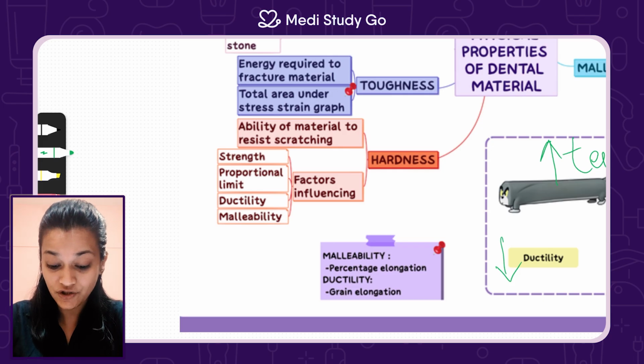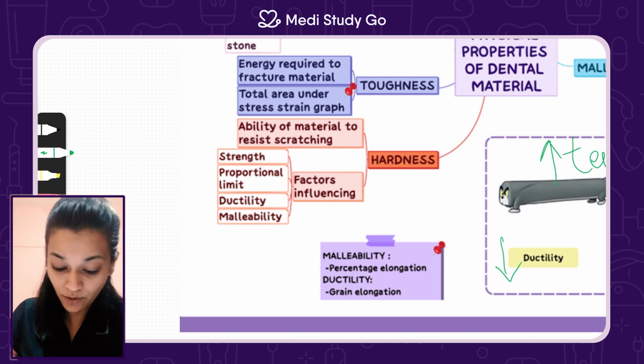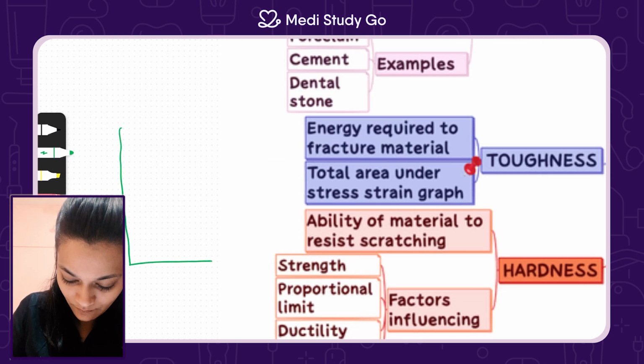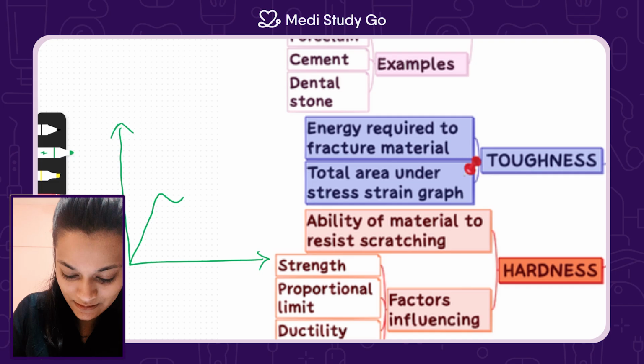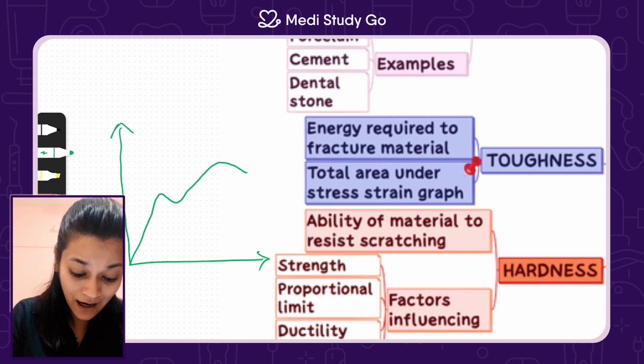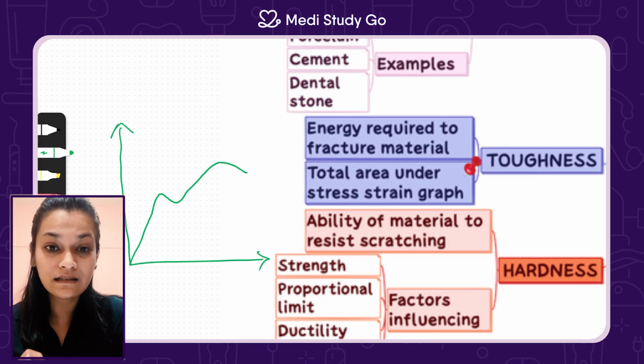Moving on to the other topic, that is toughness. It is the energy that is required to fracture a material. I hope you all remember the stress strain graph. Okay, we had the proportional limit, upper yield strength, lower yield strength, and the point of fracture. Now what I want you to know is what will be toughness under this graph.